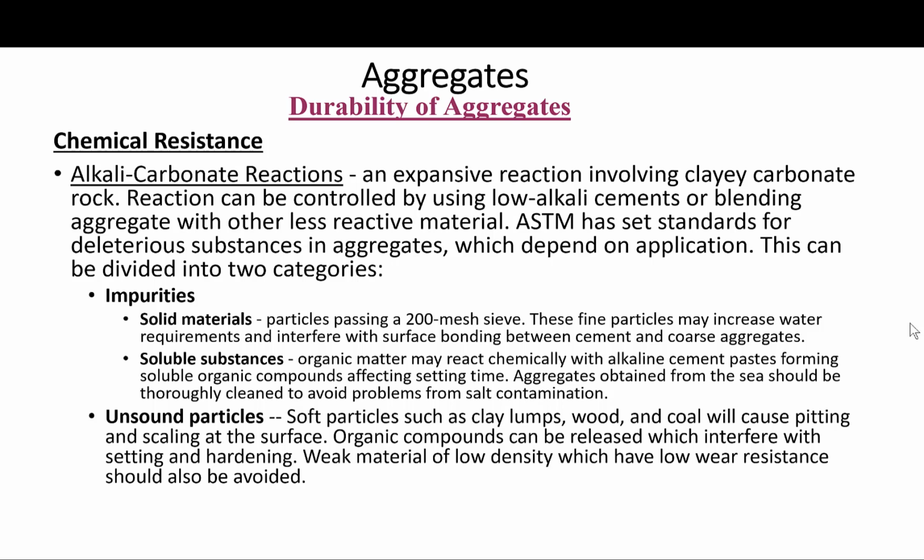The weak material of low density, which has low wear resistance, should be avoided. And again, we're talking about testing of aggregates, either where aggregates have been known to cause problems or, if not, certain tests are sometimes required to make sure you eliminate any of these potential issues.